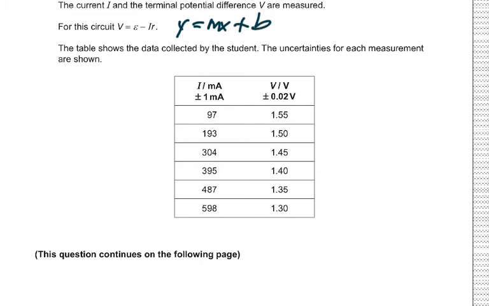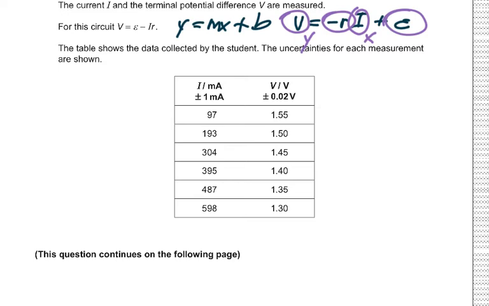I can rewrite this expression as the voltage is negative the internal resistance times the current plus the electromotive force. Again, the voltage would be the y-axis, the current would be the x-axis, negative the internal resistance would be the slope of the line. I believe that's a negative slope, we'll look at it in a second. And then the electromotive force, of course, would be the y-intercept.